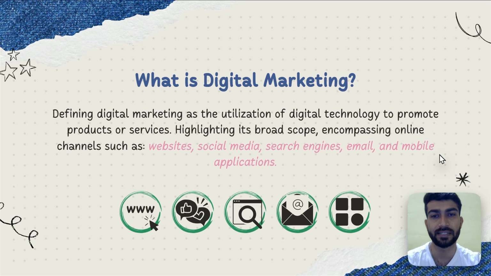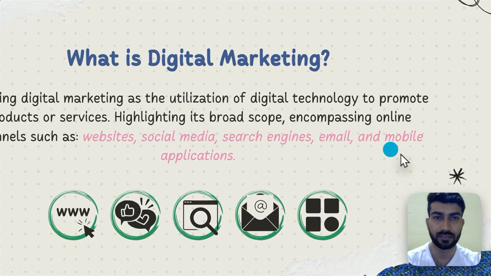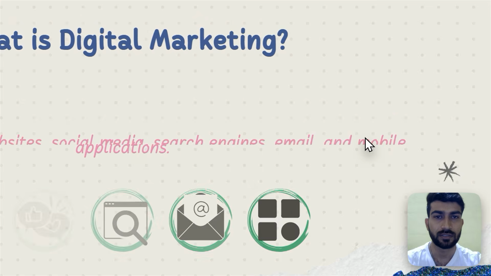Everyone is scrolling daily, spending 2 hours, 3 hours on social media. So we can use it for marketing, right? That is digital marketing. We use websites, social media, search engines, emails, and mobile applications to promote our products or services. That is digital marketing. Clear? Okay.